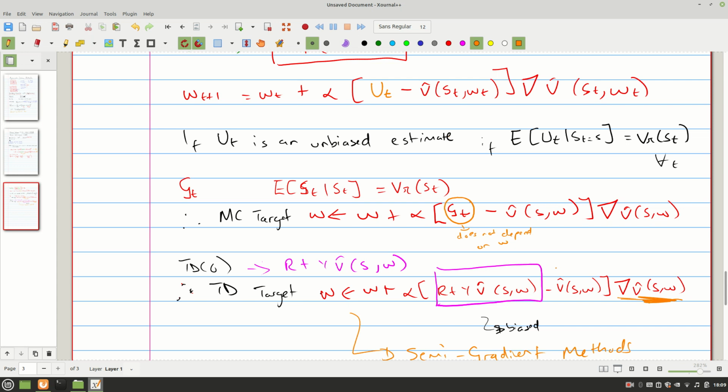So specifically, let's talk about neural networks. There are different ways that we can make sure we can still learn when we have the same W's both in the target and in the estimate.